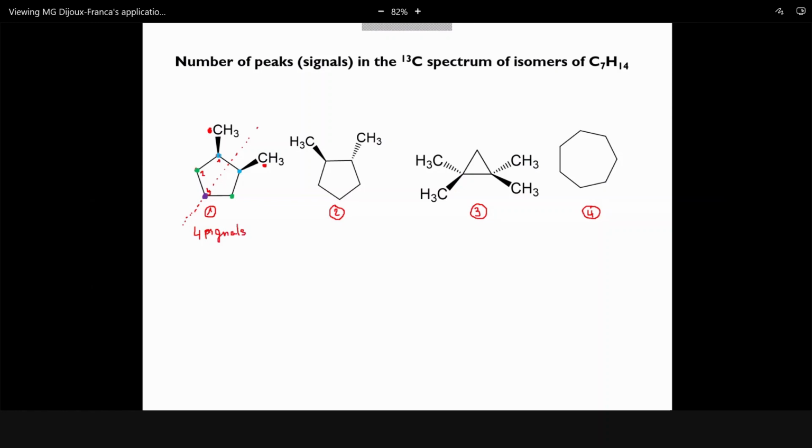What about molecule 2? For molecule 2, there is no symmetry, so we should expect 5 signals, but for the ring, yes.